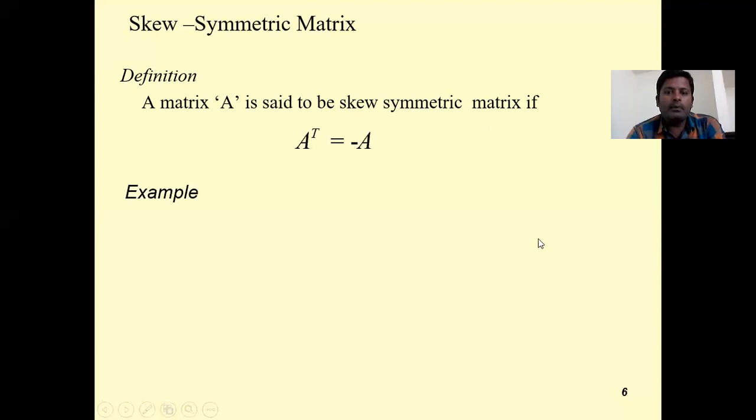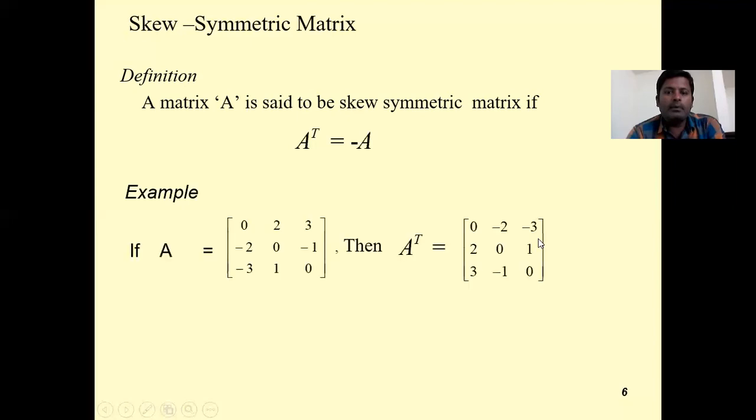Then A transpose is equal to: we write here 0, minus 2, minus 3. Here the first column comes from the first row. These are the interchanges of the matrix, and we call this the transpose. Here 2, 0, 1, and here 3, minus 1, 0 is the third column, from the third row.